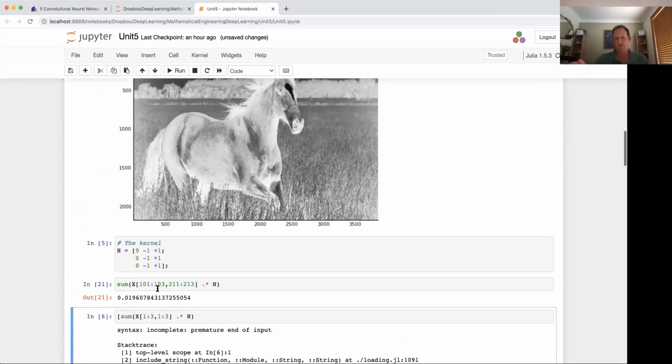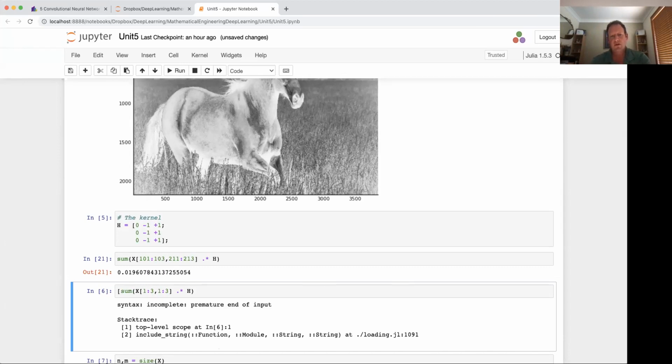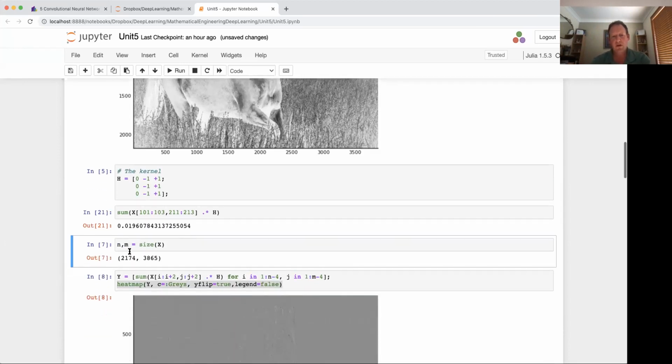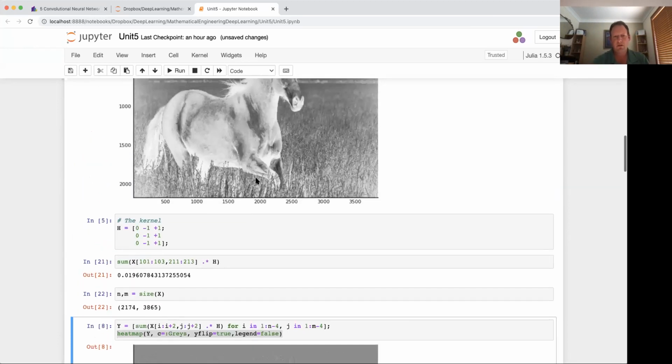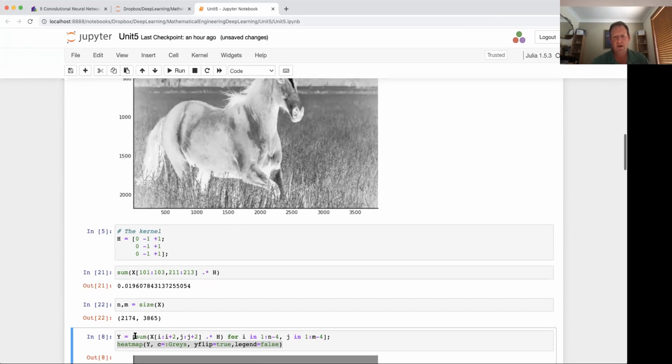I want to do it on all of them. So, with n and m as the size of the image, I'm just going to run this operation for pretty much all of the i's, skipping the ones at the end, and all of the j's. This looks sort of like Python and R comprehensions, but don't worry about the language too much. That's a Julia comprehension. And then I'm going to plot this y.